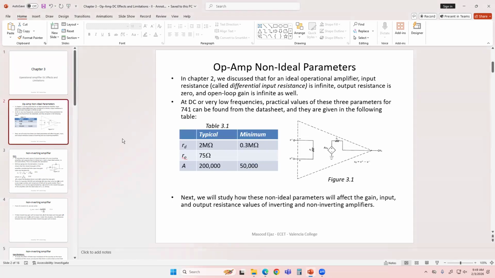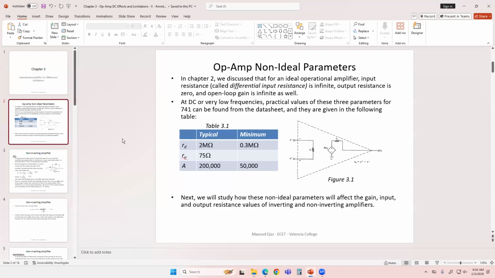If you look at the 741 data sheet, and you see the input resistance, which is also called differential input resistance because it's the input resistance between the 2 inputs, the differential input. So this is the input resistance, output resistance, and of course, A is the open loop gain.